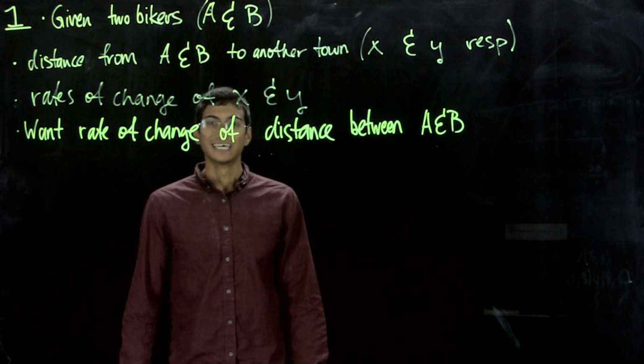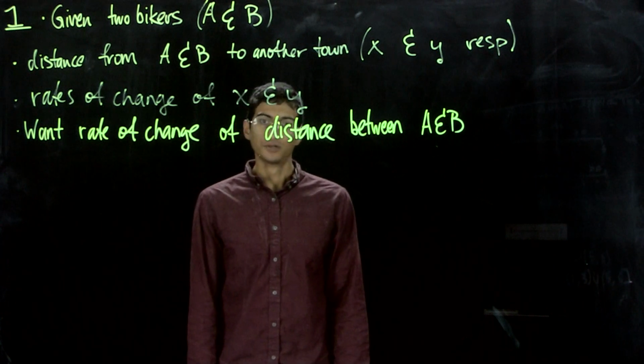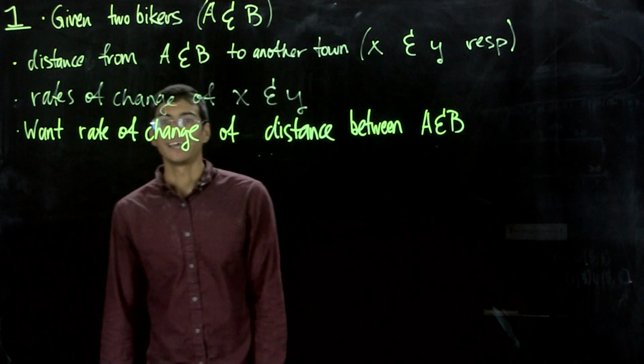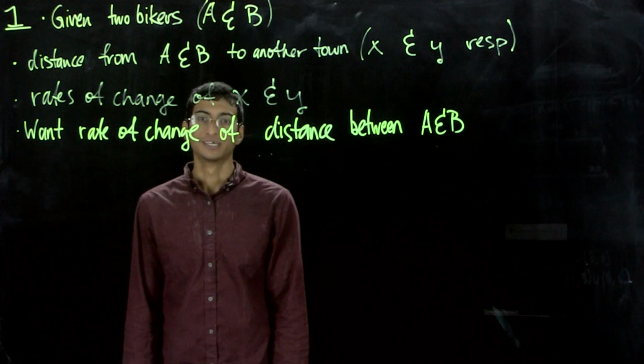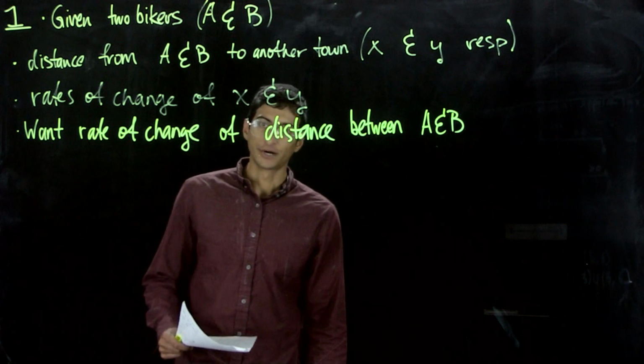Hey everybody, in this problem we're given some known rates of change and we want to find an unknown rate of change. Let me go over what we are given.